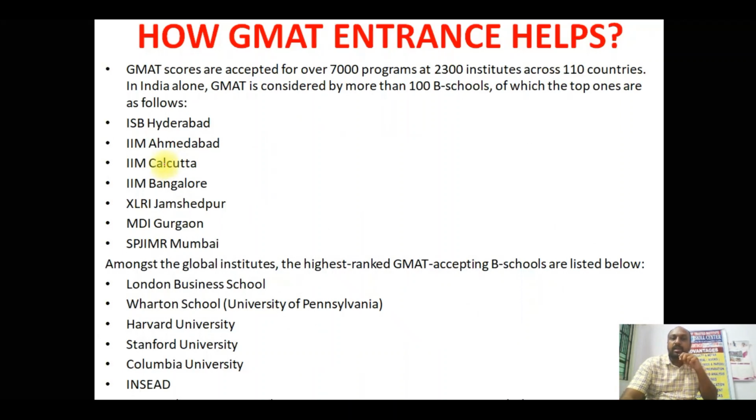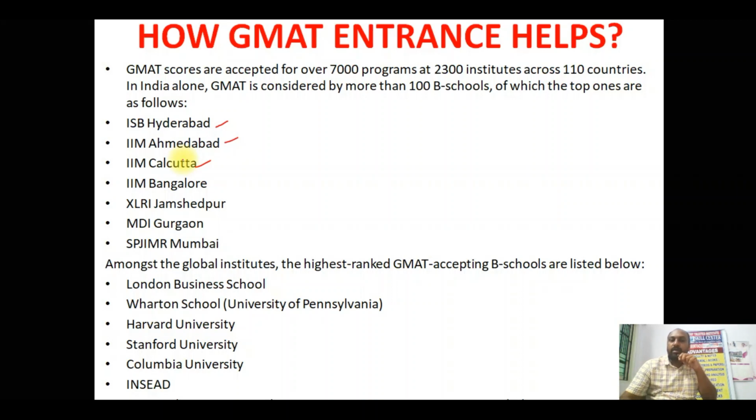And next is GMAT scores. I already told you, it is accepted not only globally but in our country also. ISB Hyderabad accepts it, and IIM Ahmedabad; many ISBs and IIMs accept the GMAT score. If you get the best score, you can directly apply to these universities in the field of management.